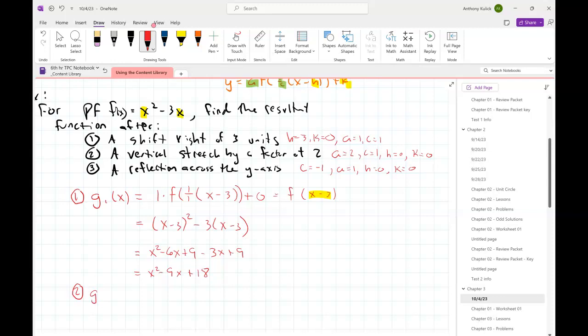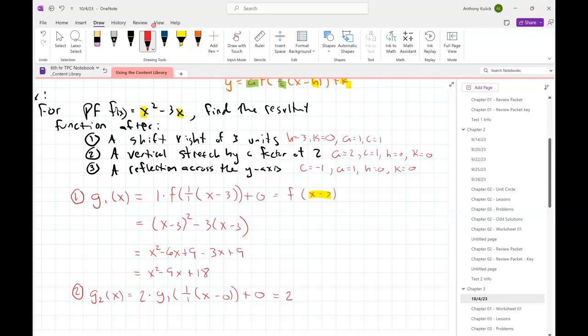So my next step, G2, is going to be applied to G1. So on this step, A is 2, C is 1, H is 0, and then K is 0.